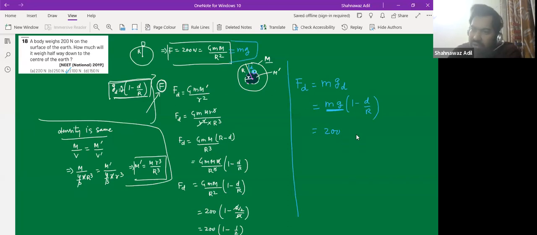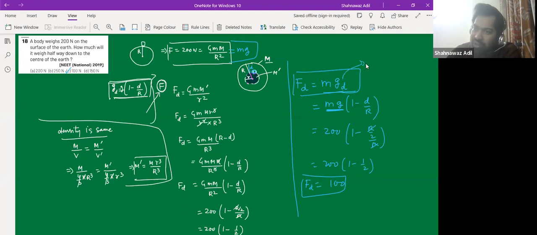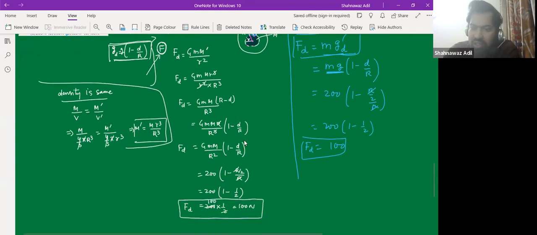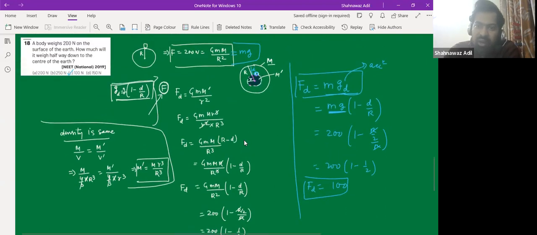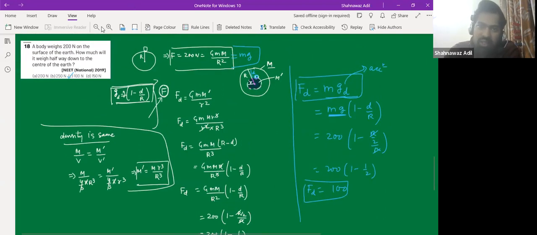So this is 200, 1 minus R by 2 by R, so again 200, 1 minus 1 by 2. So we can use the acceleration, or we can solve this whole thing. Both ways we can solve. Please note it down, and if you have any doubt, please ask.